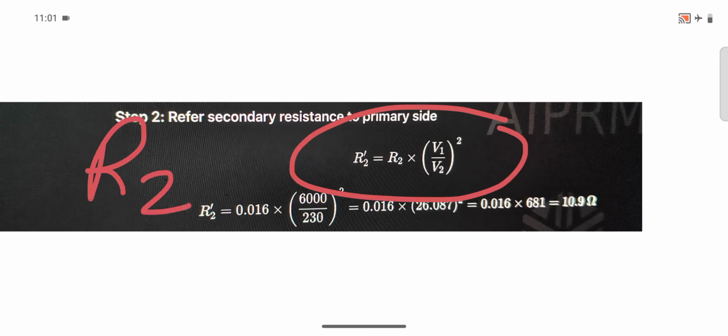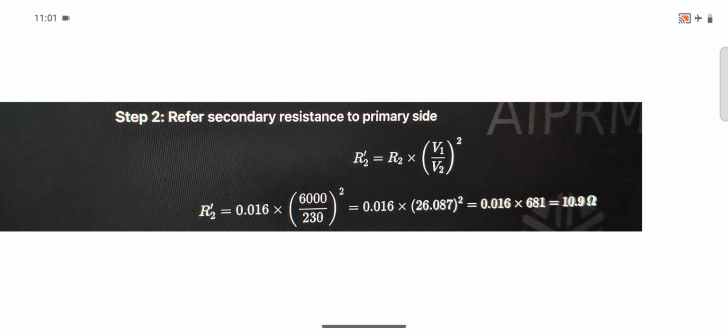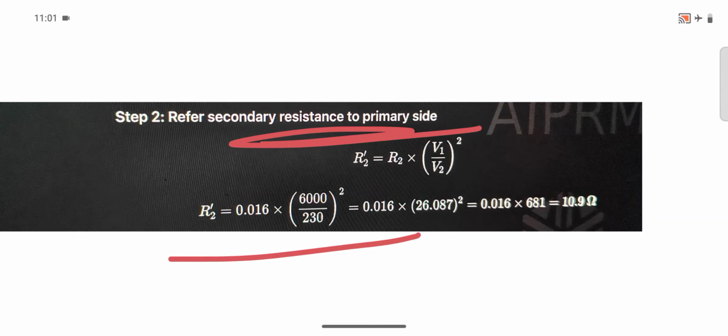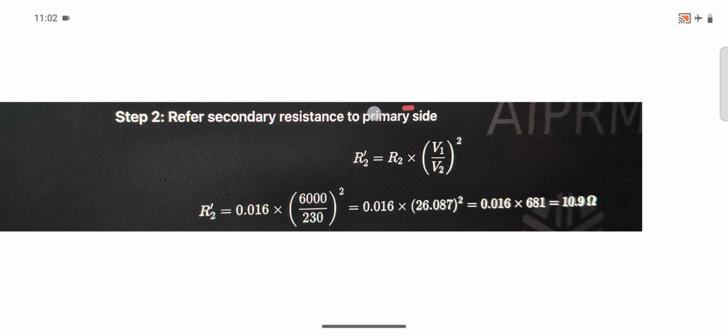R2 is given, and V1 by V2 voltage square ratio. Then we will get secondary resistance to the primary side. So this will be 10.9 ohm. We have to remember this formula.